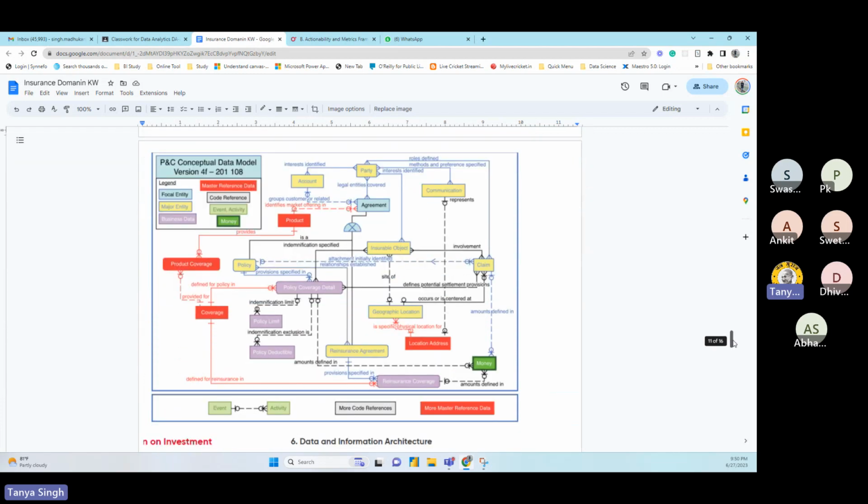So this is a very high-level look at the process flow or data flow in any insurance company, right? You see some of the core master data, some of the major entities, and how they are connecting to each other. Why is this diagram important? Because you will not work on everything at one time.